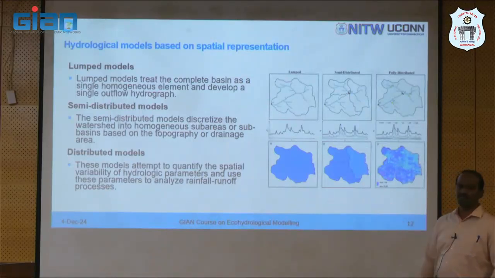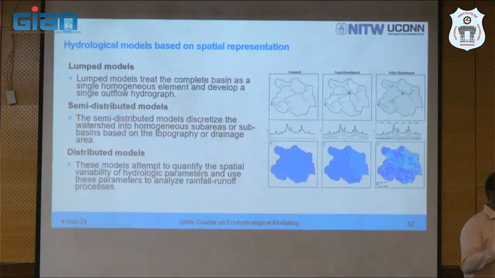So I can consider this to be lumped if it gives me an acceptable result. So more discretization increases the realism of the representation, but it also increases the computational complexity. So the more distributed it is, the more computationally complex it is, right.